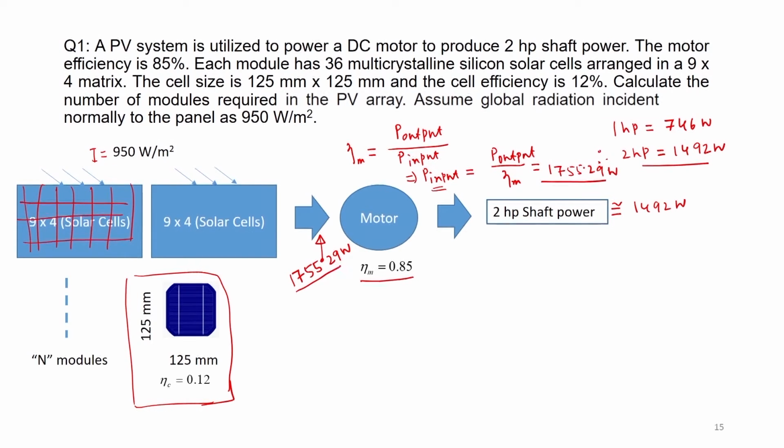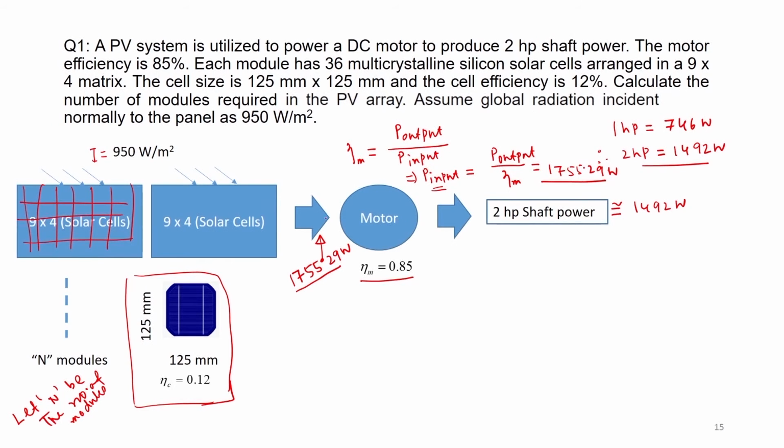Now, our next step is to calculate the number of modules. So, let n be the number of modules required to provide the energy needed to run the motor.